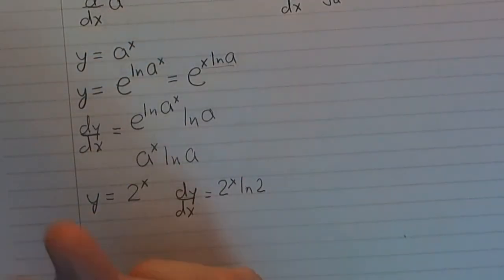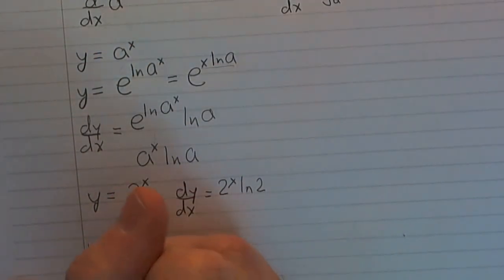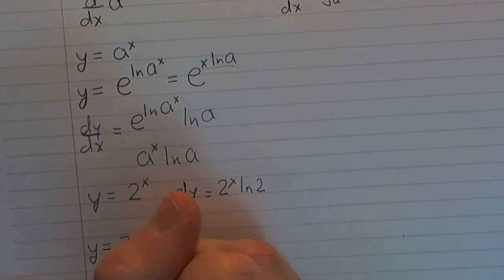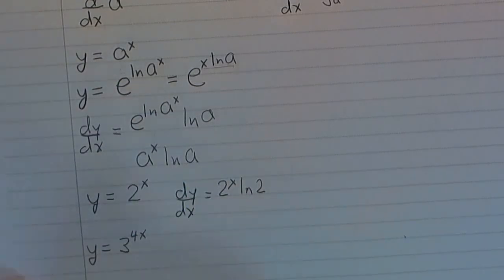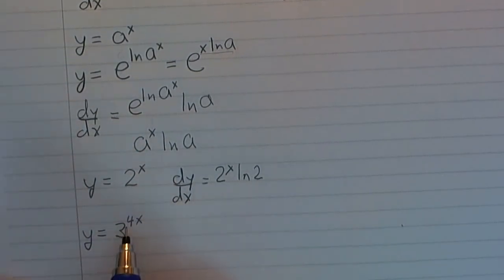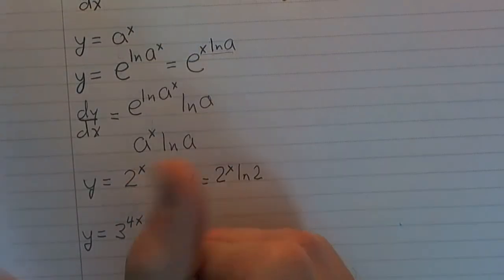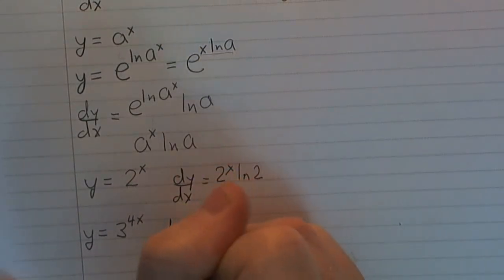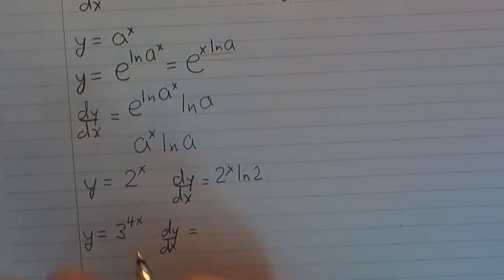Now we could say, okay, let's look at this. What if we have 3 to the 4x? So we've got the chain rule involved, just like always. We always have the chain rule. And this is going to call for us to use the chain rule. So here we go. We've got dy/dx. So this is an exponential function.